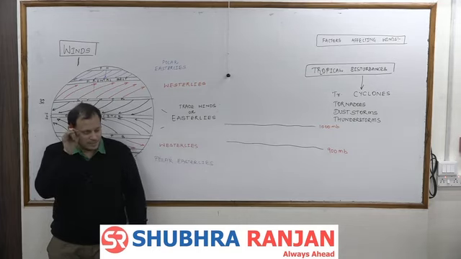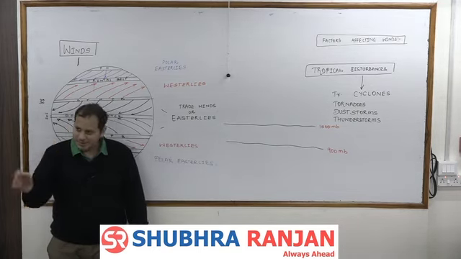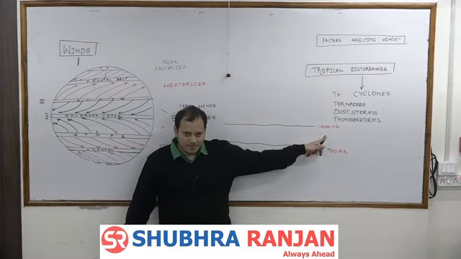So instead of degree Celsius, अगर मैंने वहाँ की वैल्यू चेंज कर दी तो will not the same isotherms become isobars? Getting it?